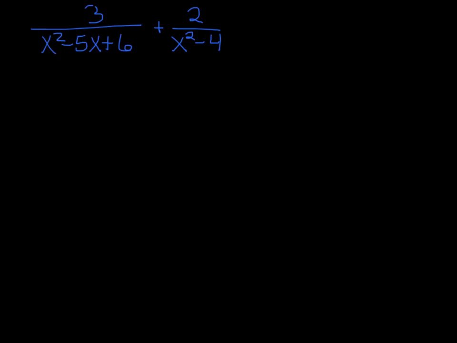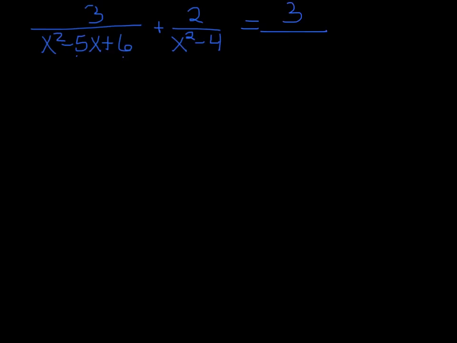Alright, new problem. 3 over x squared minus 5x plus 6 plus 2 over x squared minus 4. And like I said in the last one, the first thing we want to do is factor. So I've got 3 over, and then I'm going to look at this. Factors of 6 that add to negative 5 would be not 6 and negative 1, because that would give you positive 5.